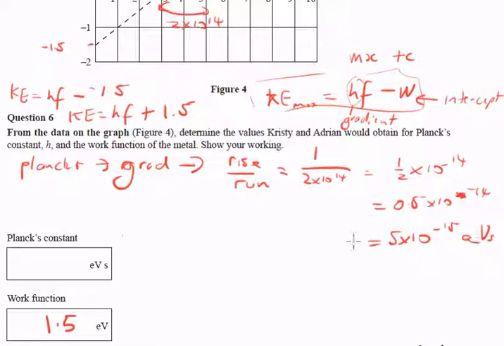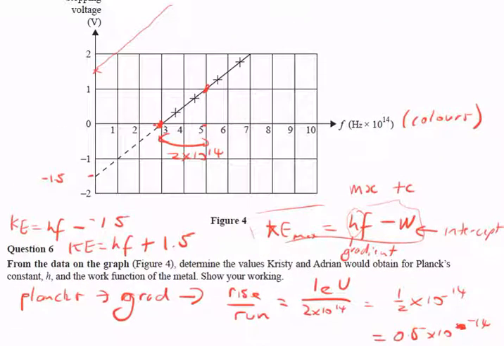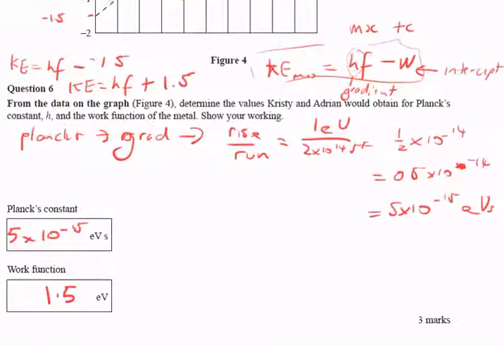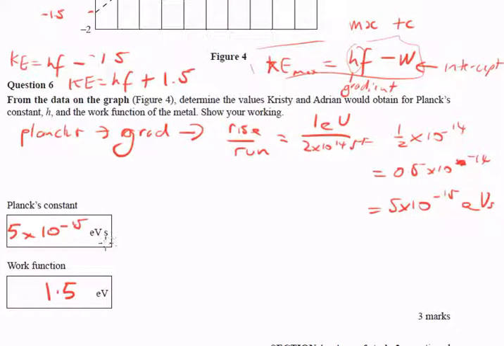electron volt seconds. The units are already ready to go because the top unit was electron volts, the bottom unit was, that's where the electron volts comes from, the bottom unit was hertz, and a hertz is equal to a per second. That per second goes to the top and becomes a positive second, so that's where that comes from.